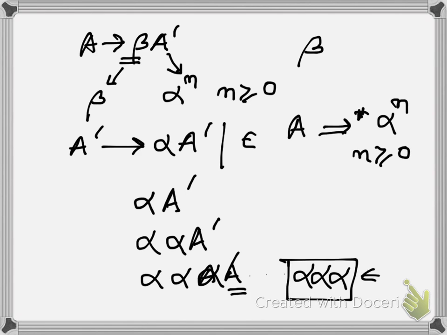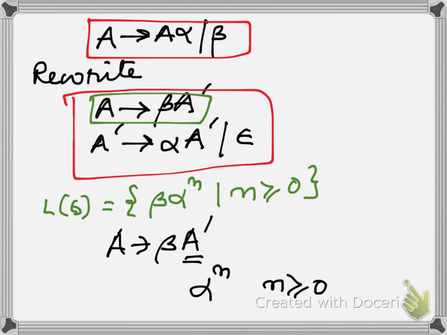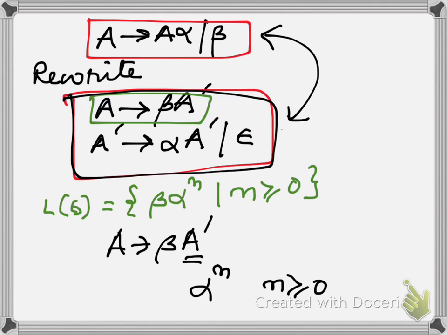And what is A going to derive? A is going to derive the string beta followed by A dash. Sorry, here I should have written A dash. So the language generated by this grammar is exactly the same as the one generated by our left recursive grammar.